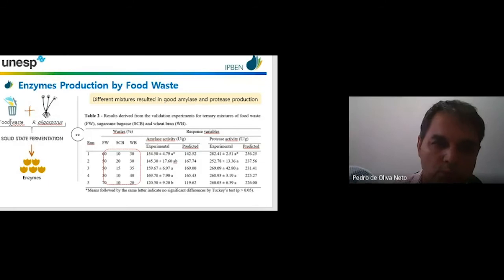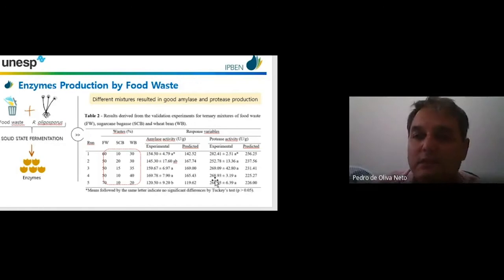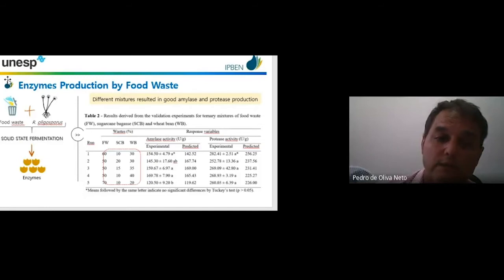And we can use food waste for the production of our amylase too. We have here good numbers, 170 units per gram of amylase and 270 units per gram of protease together in the same extract, using food waste for half, and cassava bagasse and wheat bran the other 50%.